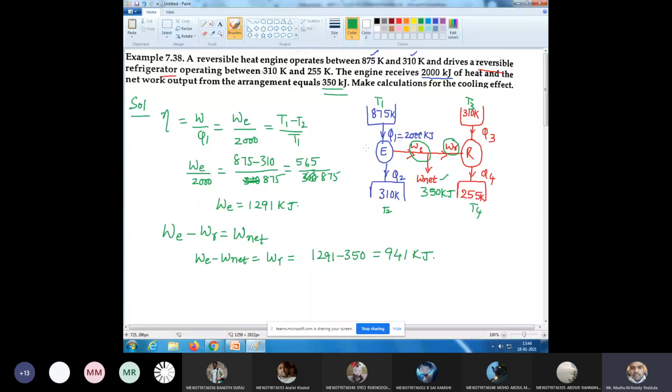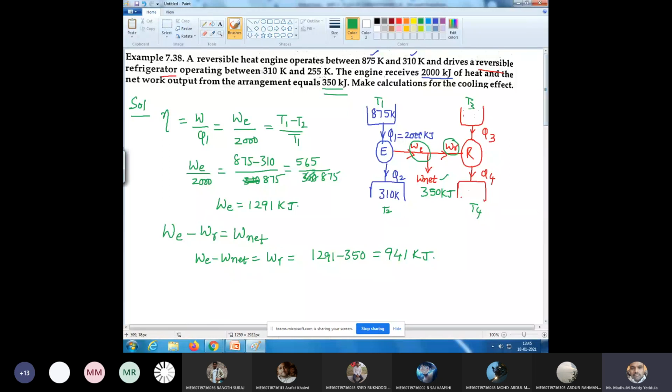Now, if you see here, it is taking heat from the higher temperature body. Is that the work of a refrigerator? No, then these values should be reversed. You should know the working of a refrigerator. It takes heat from the body at lower temperature and rejects heat to the body at high temperature. That is the purpose of the refrigerator. The reverse will be acting as the engine.